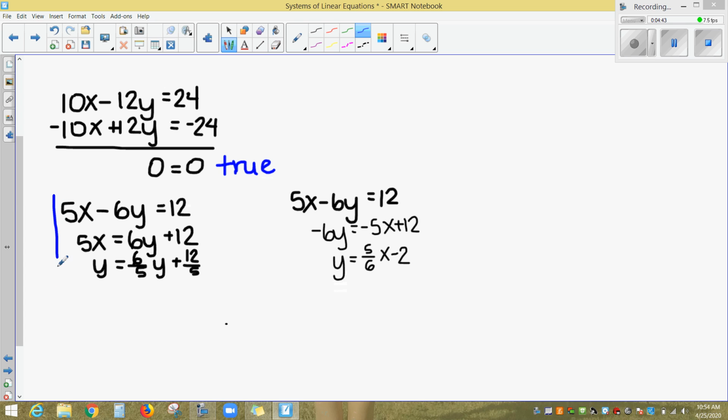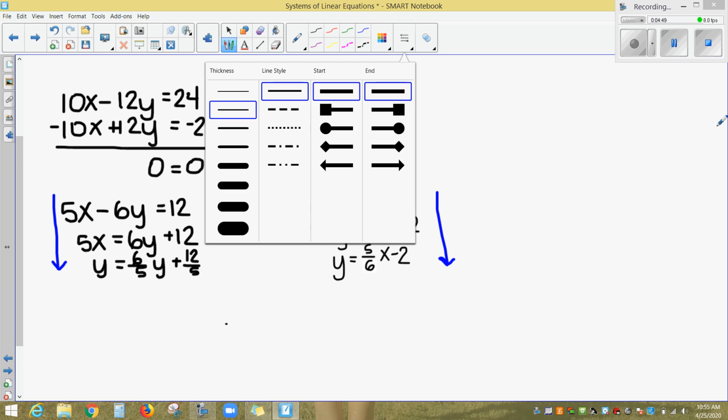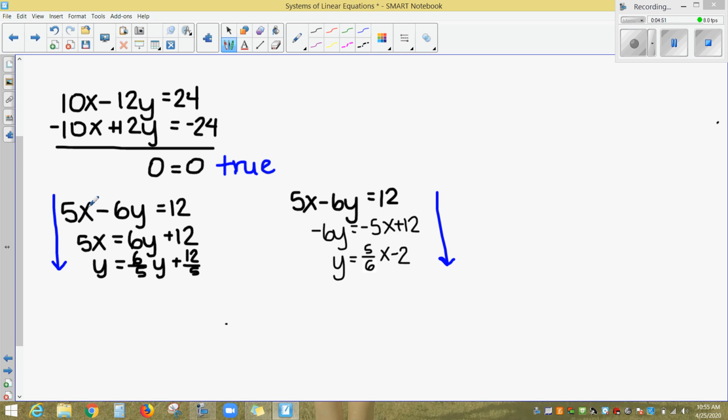So again, I took 2 paths. You can either go here, or you can go there. And when I solved the top equation for x, in a hurry this morning, I guess. It says x equals 6/5 y plus 12/5. If x equals stuff with y's in it, y gets to be its own name.